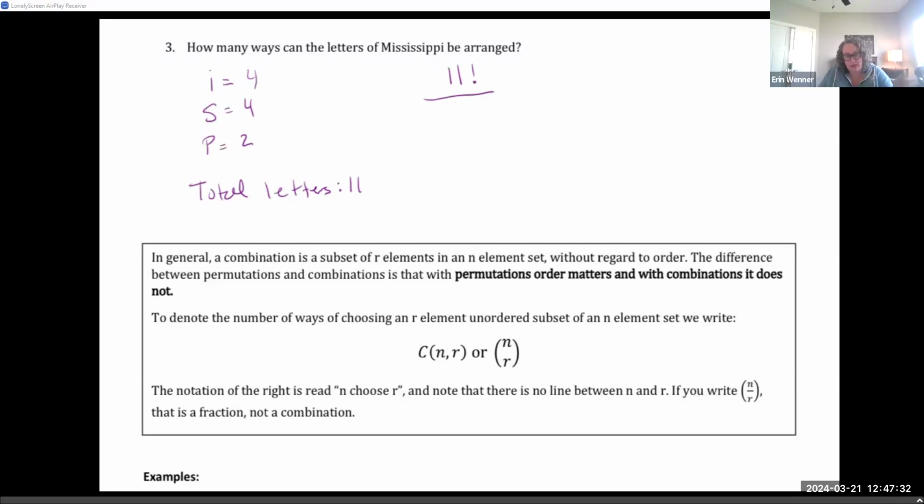S's and S's and S. So we need to remove the double counting that would happen with S's repeating and us not being able to tell the difference between them. And so then we're going to put in the denominator 4 factorial times 4 factorial times 2 factorial. Okay. And what this is doing is the denominator is removing the duplicate letters.